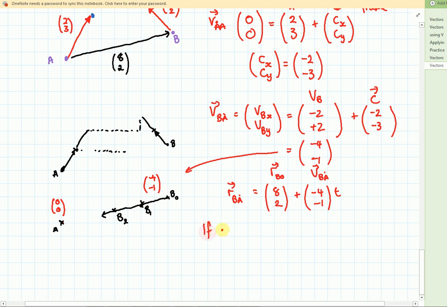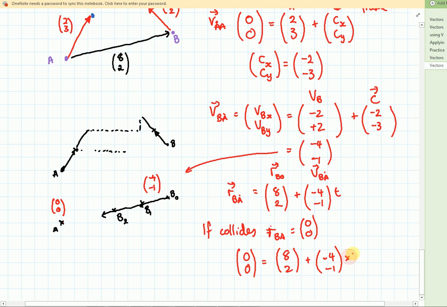If it collides, we get a RBA, that is 0, 0. That says it has come to the same location that A is. So 0, 0 is 8, 2 plus -4, -1 times whatever T is.